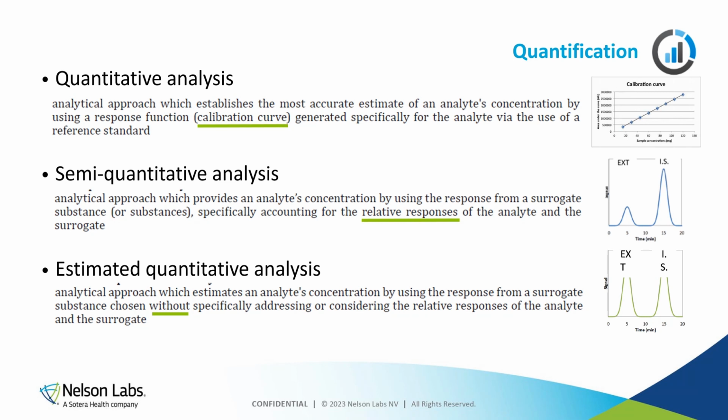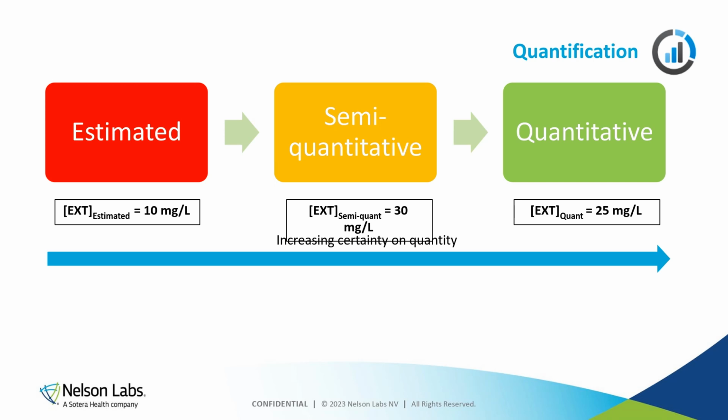In this case, if you can't do a relative response factor correction, you will end up with an estimated analysis and concentration. Now, screening methods are estimated or semi-quantitative. And quantitative analysis, we also call this targeted analysis. Here you can see, again, by moving from the left to the right, you have an increasing certainty on quantity.